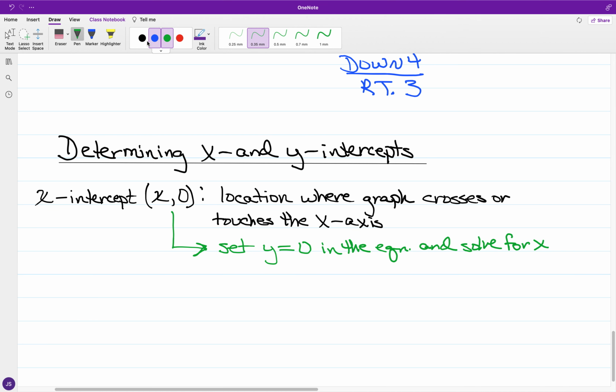And in the case of the y-intercept, the general coordinates now have x as 0 and y to determine. And this time this will be where the graph crosses or touches the y-axis.